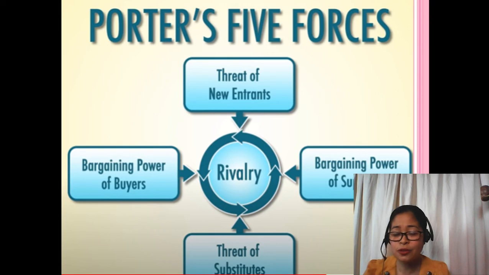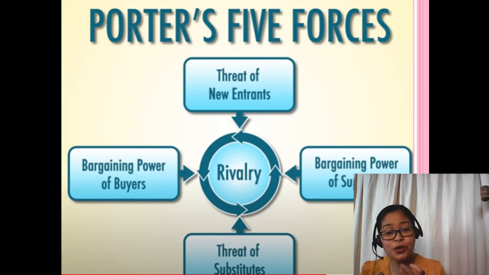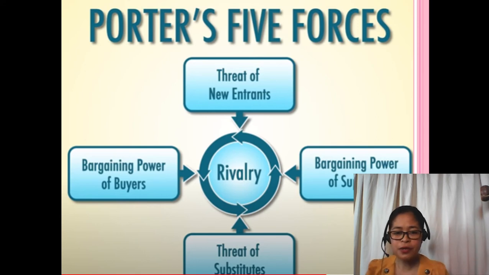So when we say rivals, business rivals or competitors, we have here the threat of new entrants. When we say threat of new entrants, they are offering a product very much the same as you offer to your market. Say for example, your business is burger, and there comes a new entrant who is selling burger too, with the same features as your business. So what are you going to do having that data? You are now going to strategize.